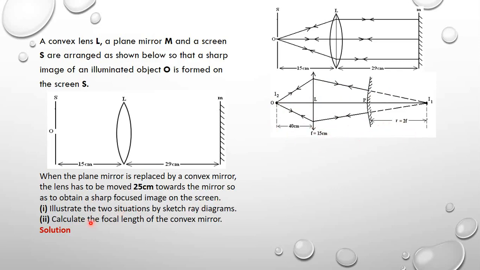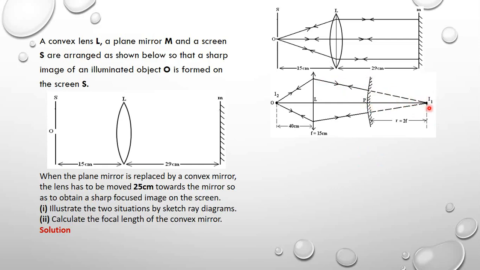Now they want us to calculate the focal length of this convex mirror. From this ray diagram, we need to note that for this ray to reflect along the same path, this ray must be coming from the center of curvature of the mirror. So the distance from P to I1 is going to be R, the radius of curvature.